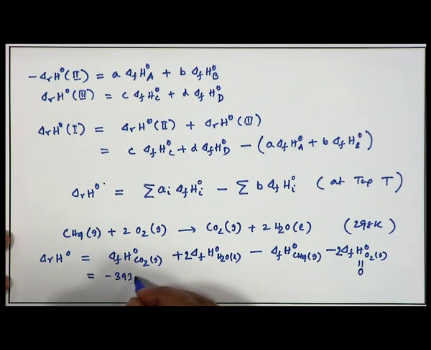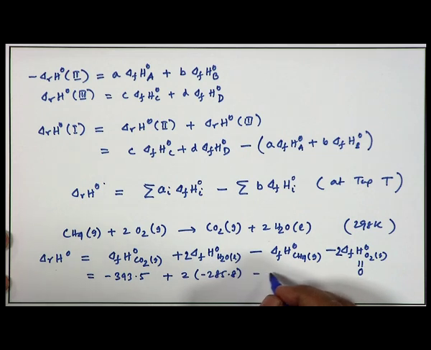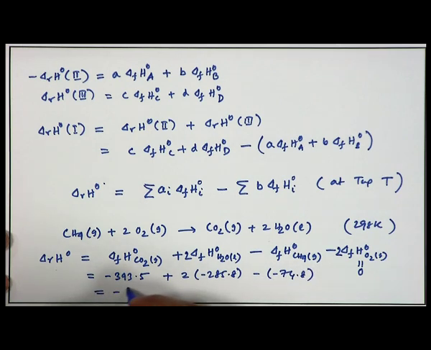I am omitting the units just to make it faster. 1 mole plus 2 times 285.8 minus 74.8, and this is 0, which will give us 890.4 kilojoule per mole.